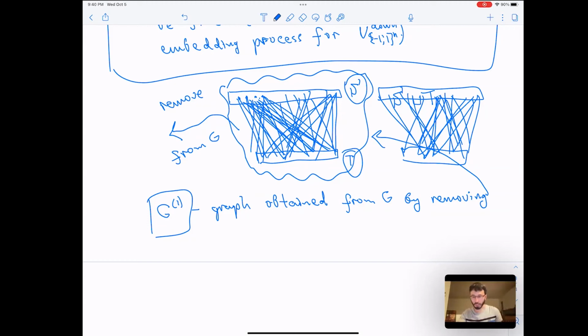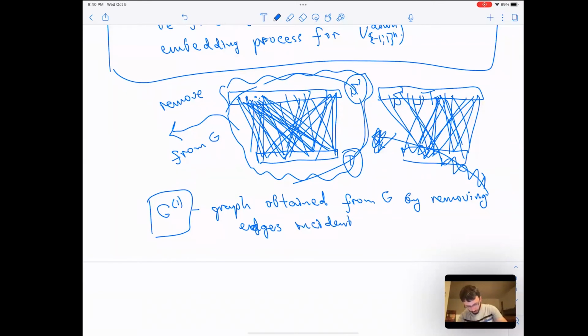So one thing I didn't make precise, but this is very important. What I said is that G1 is obtained from G by removing this subgraph. In fact, something else happens. G1 is obtained from G by removing, let me be more careful here, edges incident to the subset T. It means that I don't remove the vertices.